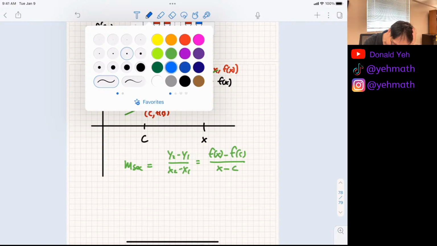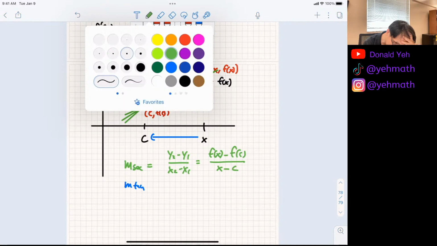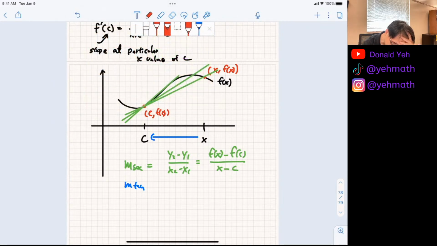Now I'm going to say, here's m of tangent. M of tangent is basically the same thing, except we reduce x going towards c. So we take this point and move it towards c. If I'm going towards c, my next point is going to be here, like this, and my next point is going to be like this.